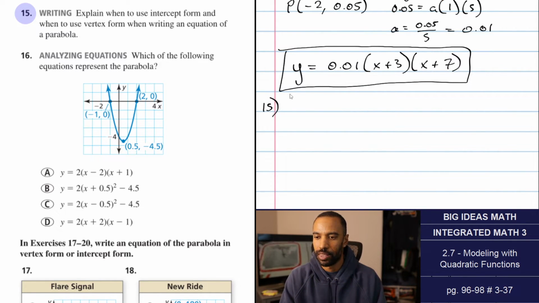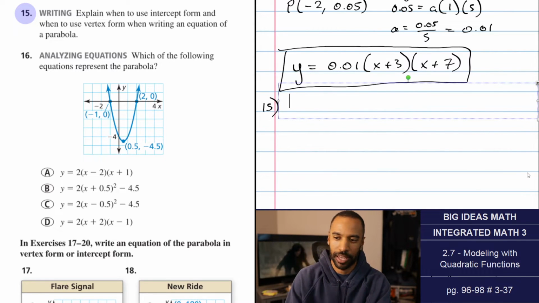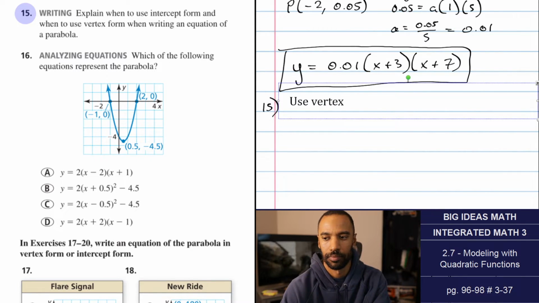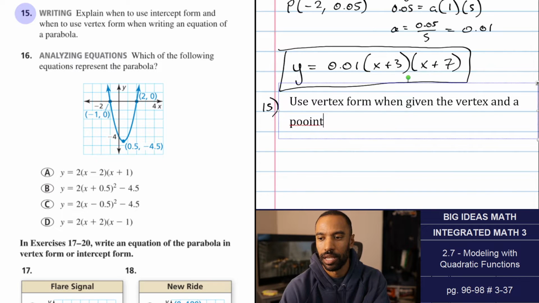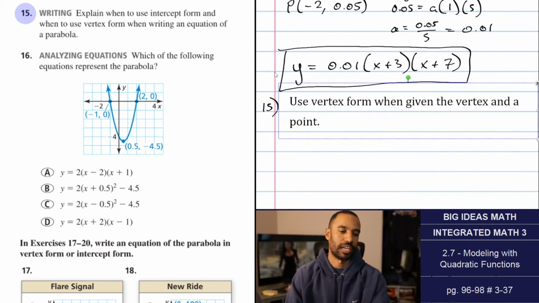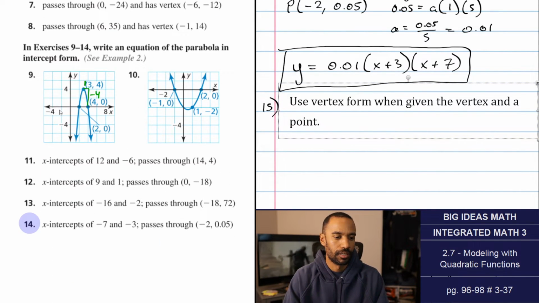Well, they stated it in the very first part of their lecture. Use vertex form when given the vertex and a point. Now, technically, we could have used vertex form on number 9, right? Given this vertex and a point, we could have done vertex form.